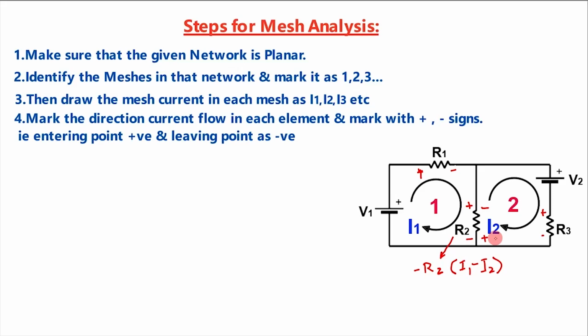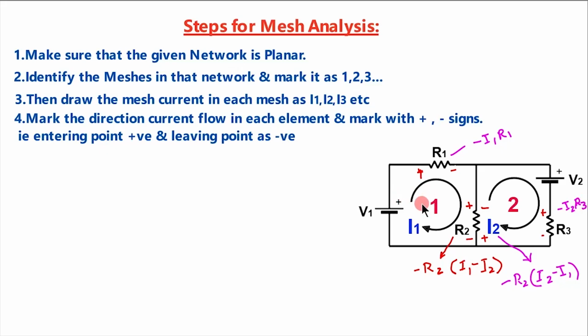While writing the voltage drop for R2 in this mesh, the current is flowing from positive to negative, so minus R2 into difference in current, as both are in opposite direction. Here in this mesh, as it is mesh 2, I2 must be given preference, minus I1. So here the voltage drop will be minus I1 R1. Here the voltage drop is minus I2 R3.